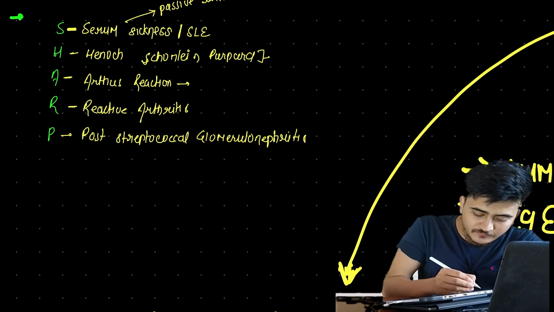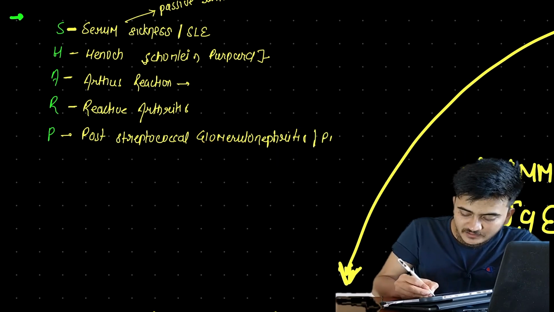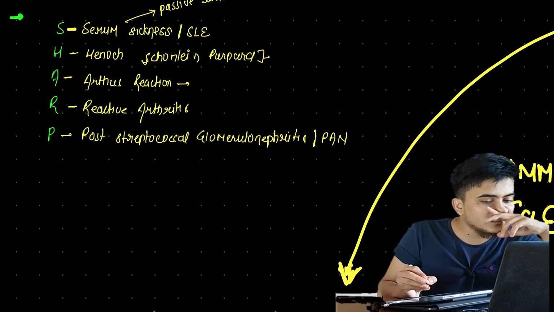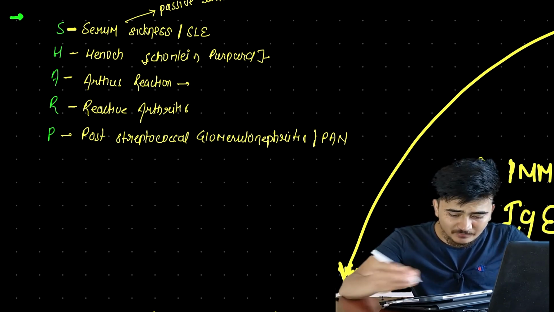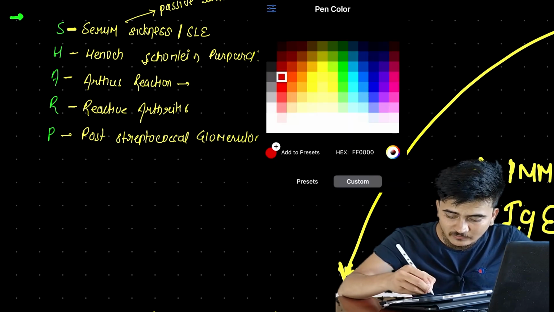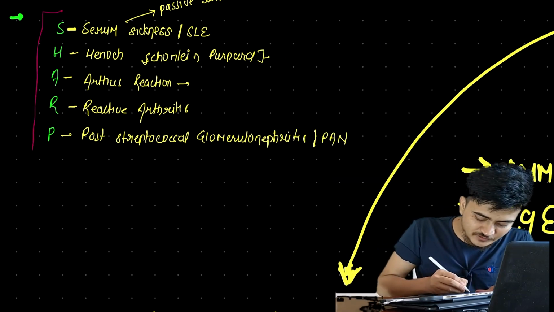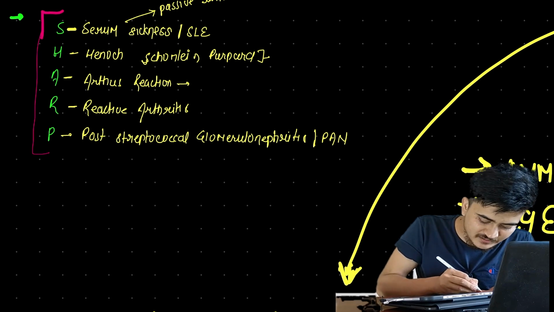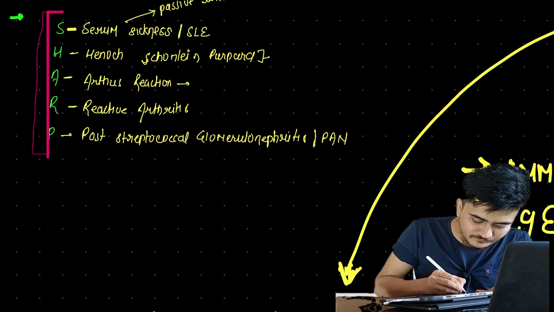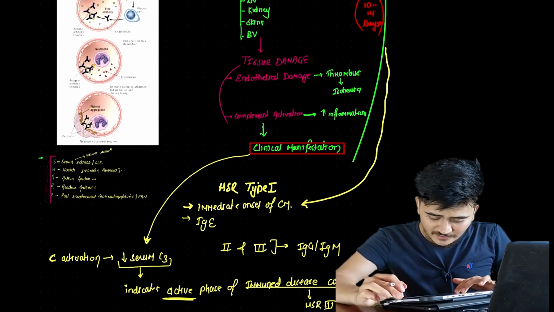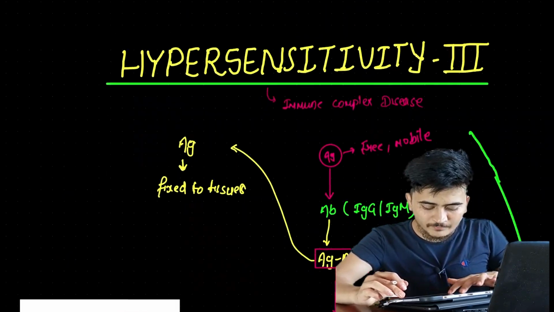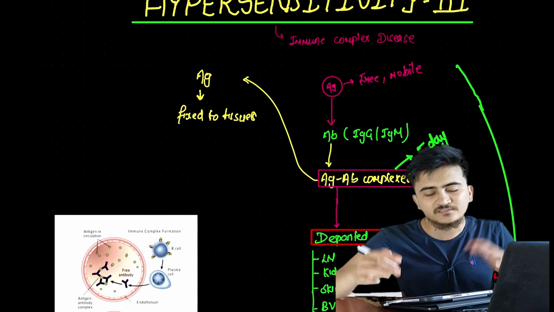And another from P is PAN, polyarteritis nodosa. These are the examples in which we can find hypersensitivity type 3 reaction. We have discussed this diagram also, and this is all about hypersensitivity type 3 reaction.